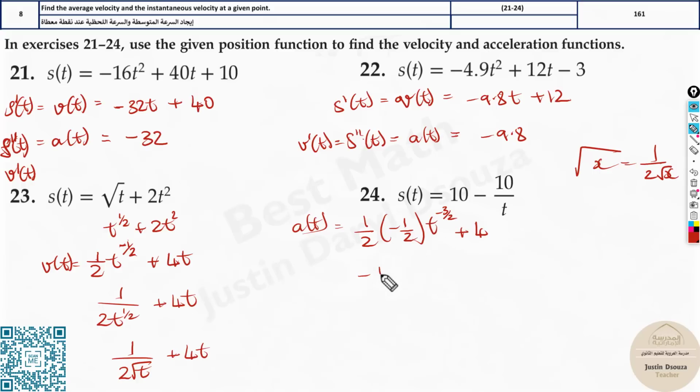Now when you multiply this, it's negative 1/4 t to the power minus 3 by 2. I'll just take that t to the power down to the denominator, so it's t to the power positive 3 by 2, plus 4. And generally, it will be written as 1 by 4. See, whatever is the power, right, will remain. Whatever is 2, that means it's a radical, right? See over here, radical x means x to the power 1 by 2.